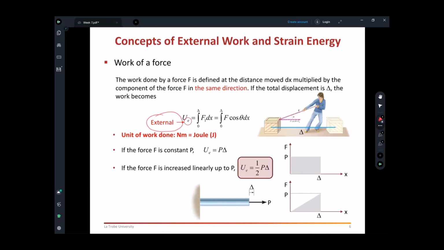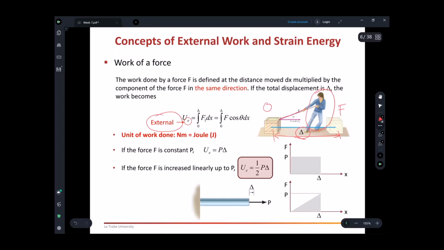Let's say this gentleman wants to pull this box from this end to this end. That is the displacement, right? This is the original position and this is the final position. So that is the distance times the amount of force required to move from the original position to the final position. Now please look at that.